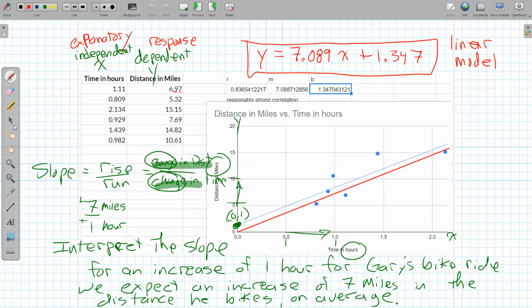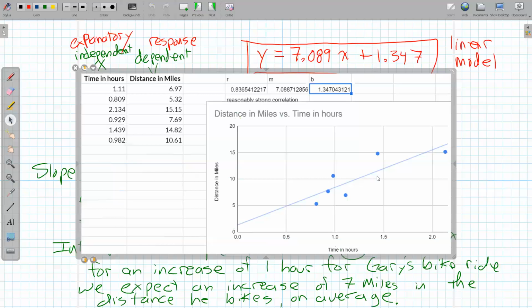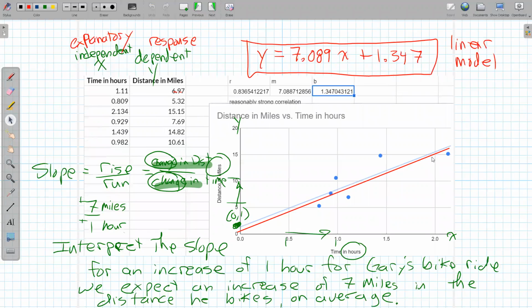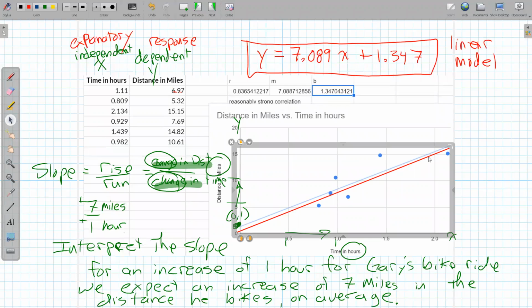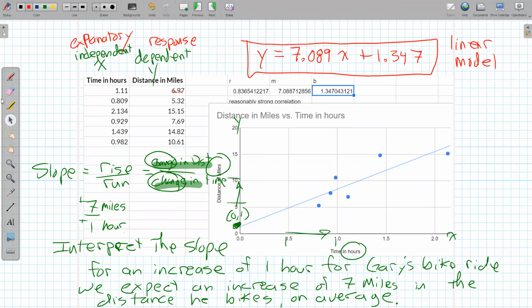Let's get rid of this red line. When the computer calculates the correlation coefficient, the slope, and the y-intercept, what it's doing is trying to find a value of m and a value of b so that every one of these vertical distances from each point to the line is minimized.